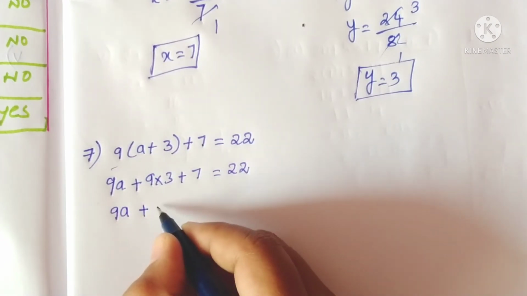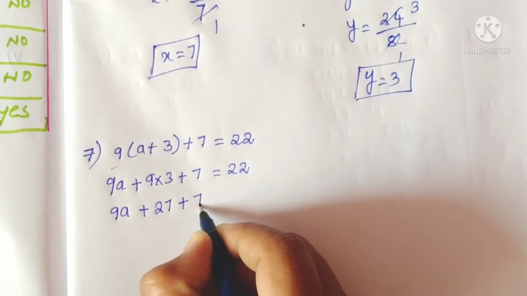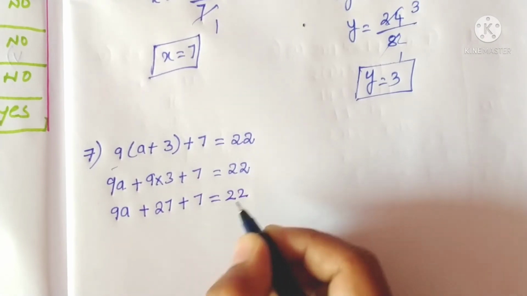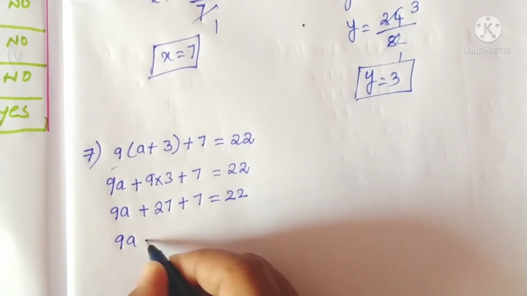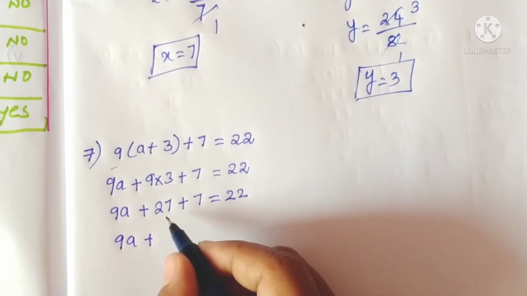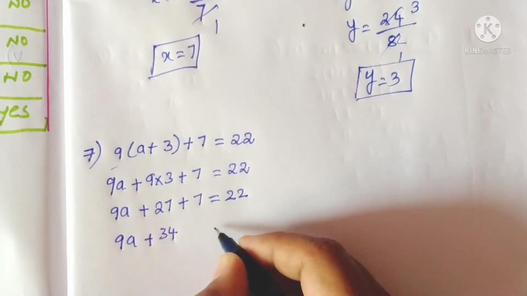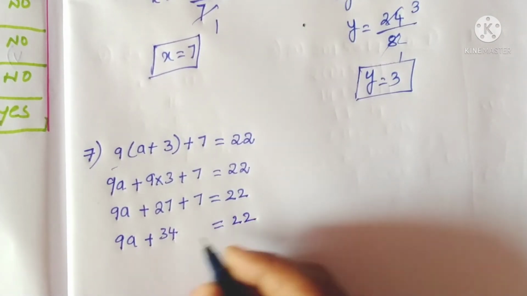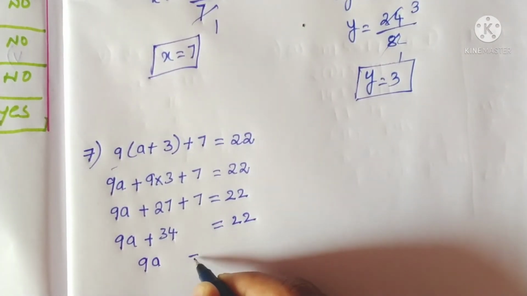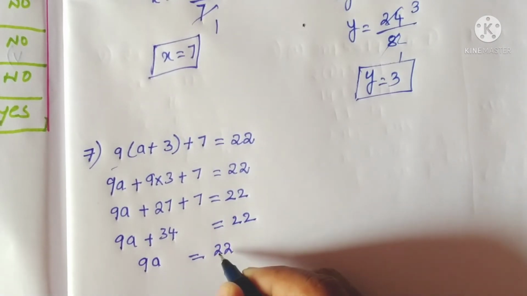So 9a, 9 3s are 27 plus 7 is equal to 22. So 27 plus 7, how much? 27 plus 3 is 30 and 4, 34. So 9a plus 34 equals 22.